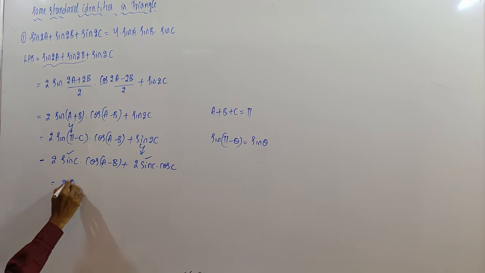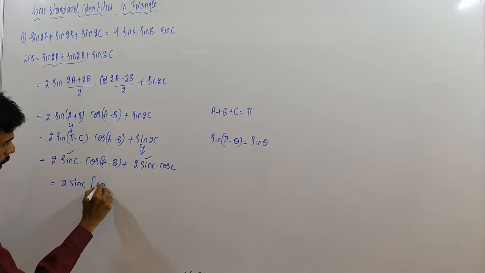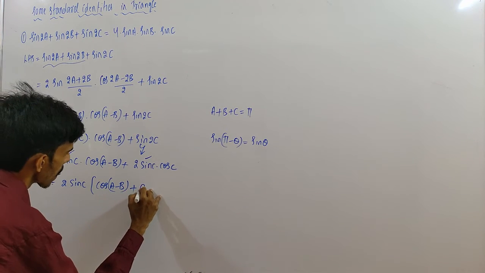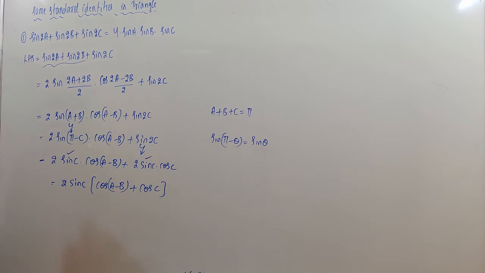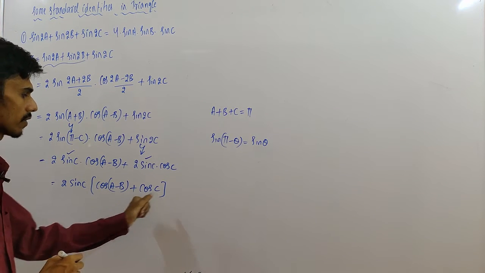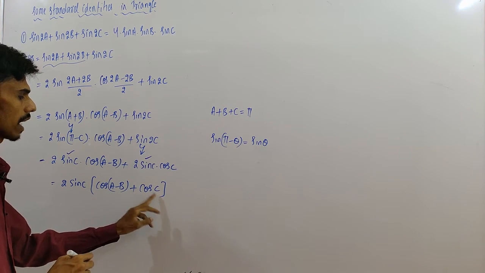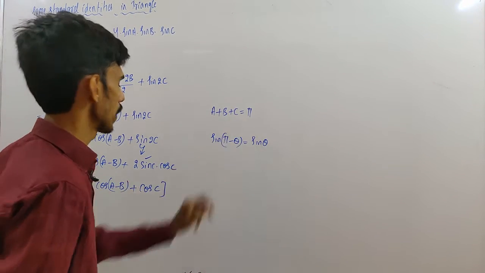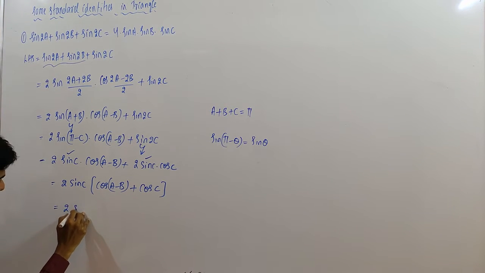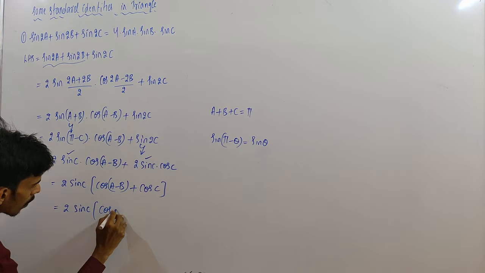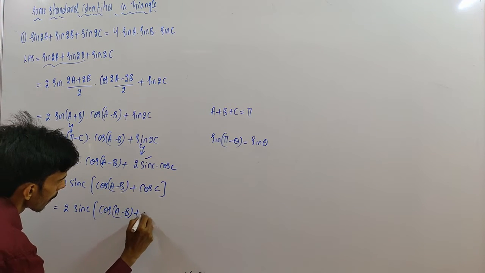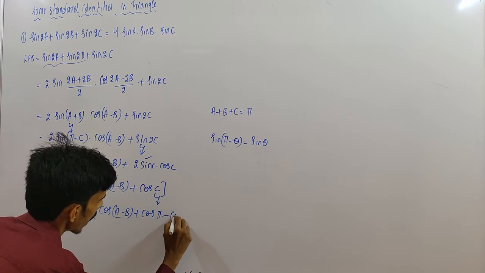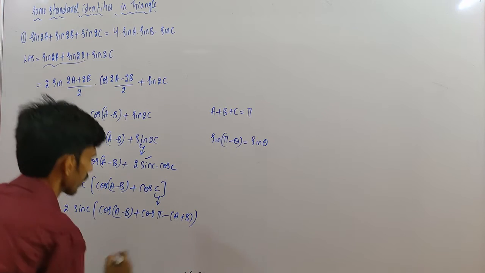We have 2 sin C into cos (A minus B) plus, from this, we have cos C. Now here we have A minus B, here we have C. So try to eliminate C so that we have the same terms like A and B. From this equation we will get the value of C. The value of C from here is pi minus (A plus B).